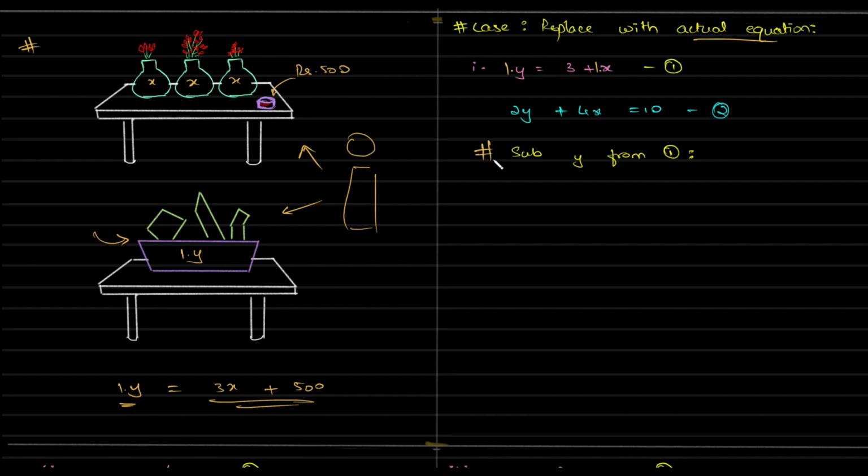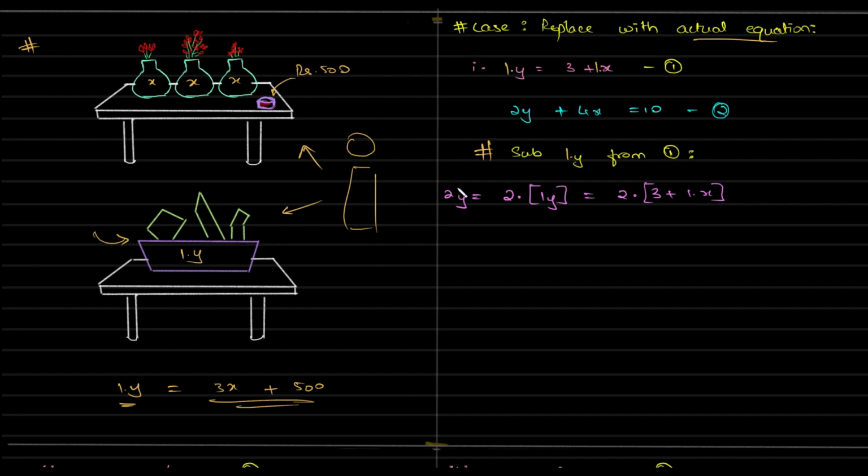So we are doing an action, actually, not an operation. The action being, you're going to substitute 1y from equation 1 in equation 2. So you're looking at 2 times of, so see, by default, 2y is nothing but 2 into y, or 2 into 1y. 2 into 1 is 2, so 2y can be written as 2 into 1y, and 1y is nothing but 3 plus 1x.